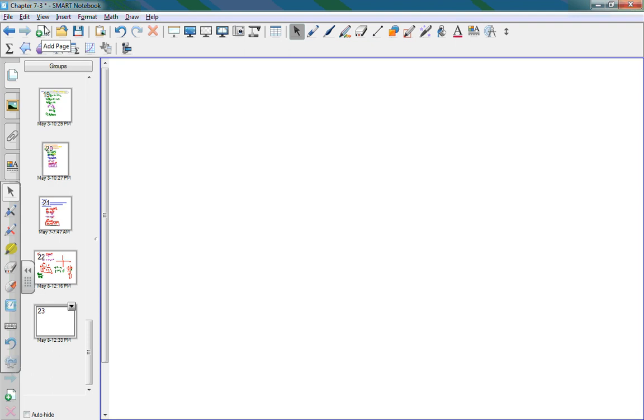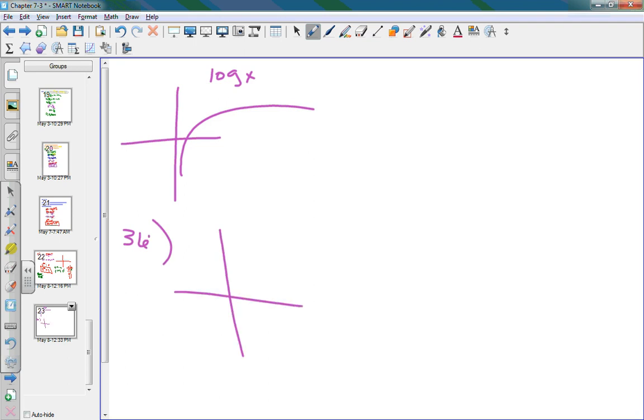It's moving up. No, it's not moving up. It's a stretch, right? So if we're looking at 36, my parent function of the log of x looks like that. Do we understand that? That's what it looks like. So for 36, I'm taking this function and what am I doing to it? Moving the whole thing down 2 units.